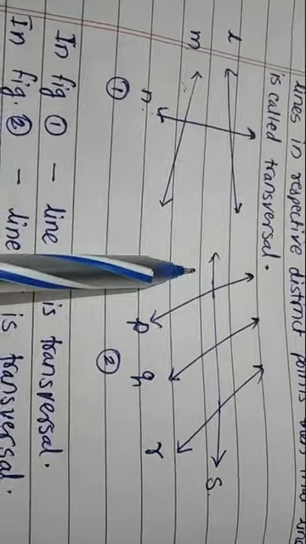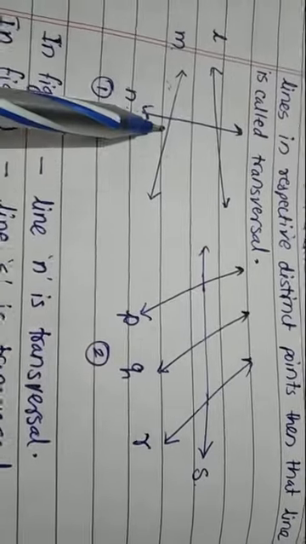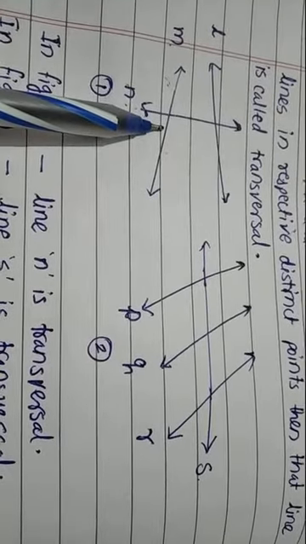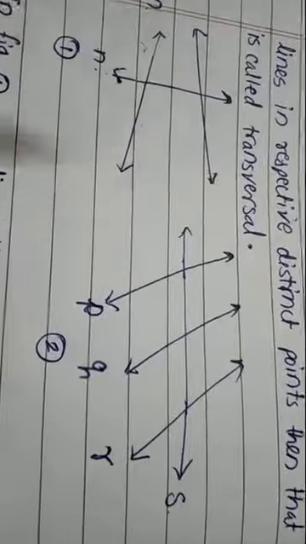It doesn't matter. Lines may be parallel or not parallel. It doesn't matter. But if two or more lines are intersected by a single line, then that single line is called a transversal.